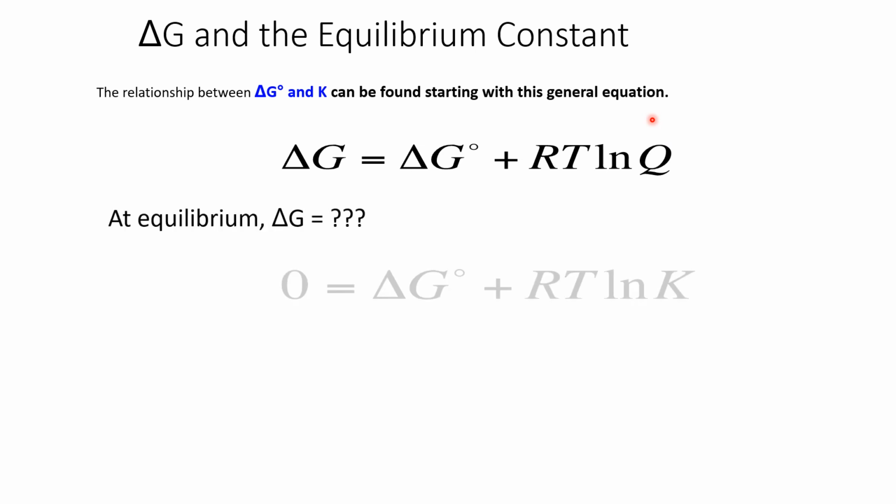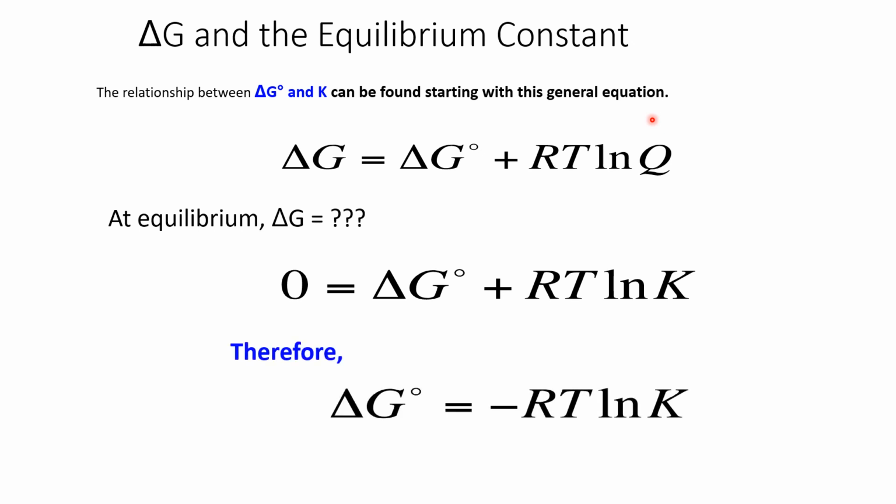So delta G is 0. Okay, I'm going to do some algebra shenanigans and rearrange again. You can think of subtracting RT ln K from both sides, or you can subtract delta G to get it over here and then multiply through by -1. Either way works. But your delta G naught is equal to negative RT ln K, right?